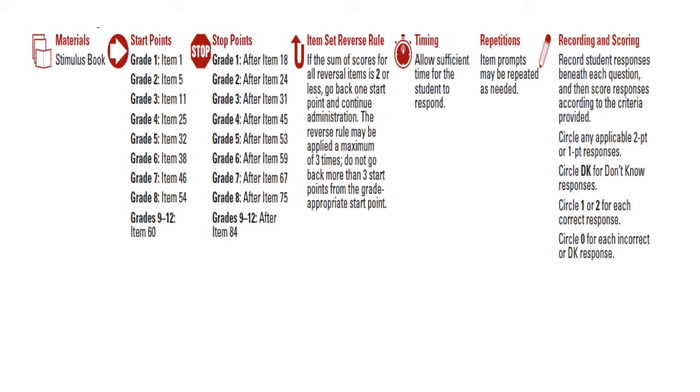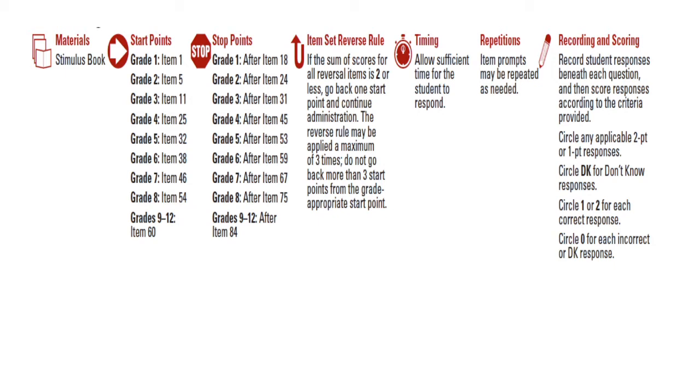So then we can also see the item set reverse rule. The item set reverse rule can be different for different subtests, and it'll tell you what that reverse rule is. But basically, the essence of it is that we want students to get the first few items correct. Usually it's the first 3 items correct from the start point. If they don't get those items correct from the start point, then there's a set of reverse rules that take effect.